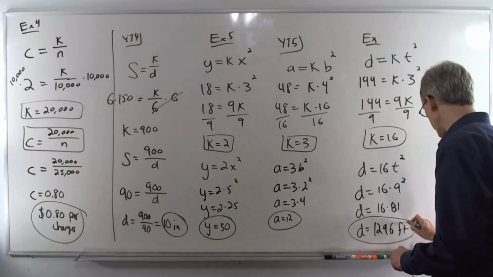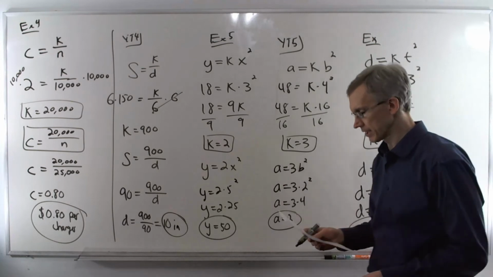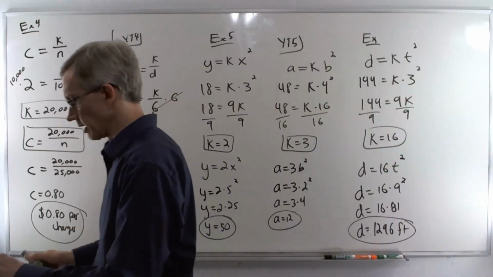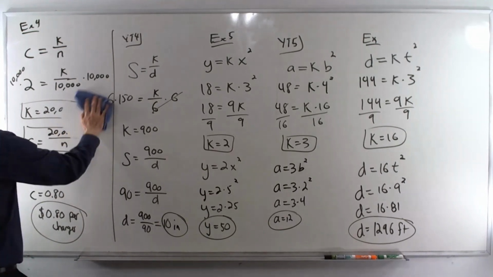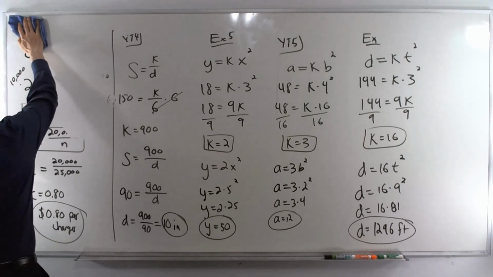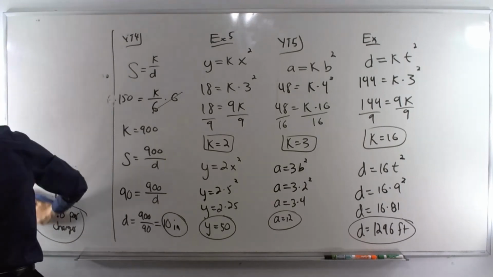Or 1,296 feet. Go try number 6. The braking distance of a car varies directly with the square of the speed. If a car traveling at 40 miles per hour takes 80 feet to stop, find the equation.